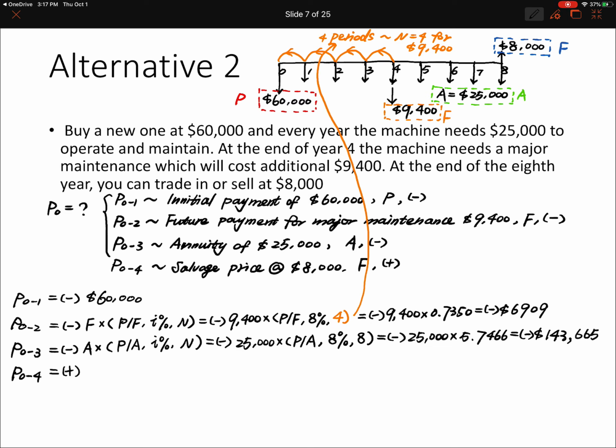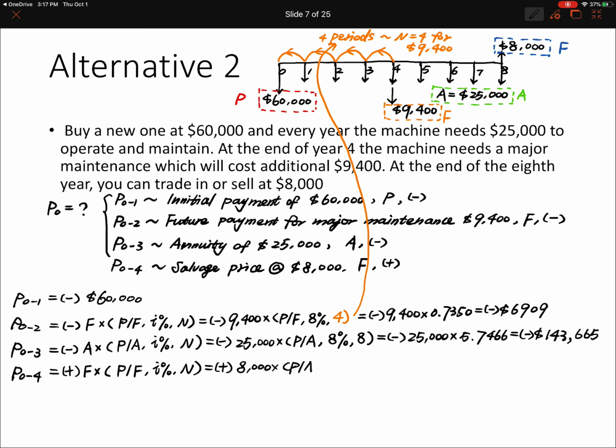Okay, the last part, P04. It is a future receiving, so it's positive. And you're looking for present value given a future value. So the equation is going to be F times P/F, i%, N. So it's positive.